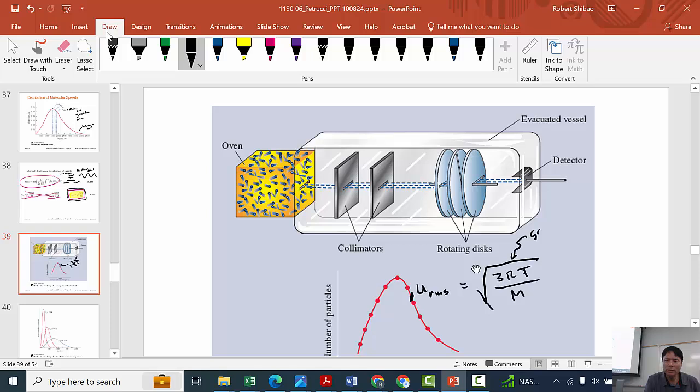R is just the gas constant, 8.3145 joules per mole Kelvin. T is just the Kelvin temperature. And then M is the molar mass.